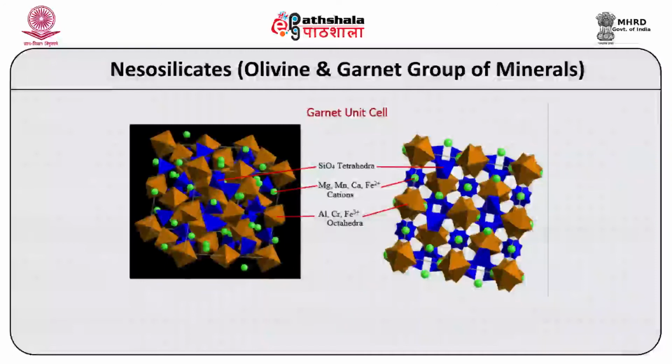These green ones are the divalent cations which occur between the SiO4 tetrahedra, which are given in blue, and the buff colored MO6 octahedra, forming a three-dimensional network. And these divalent cations are sitting in the cavities in dodecahedral coordination.